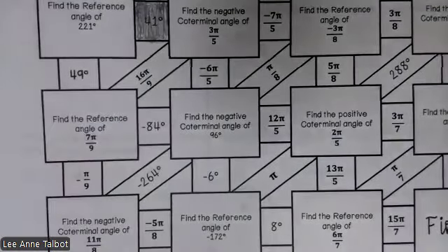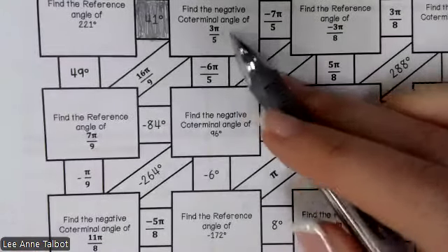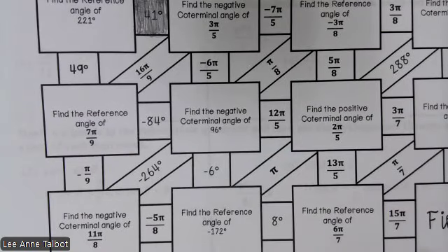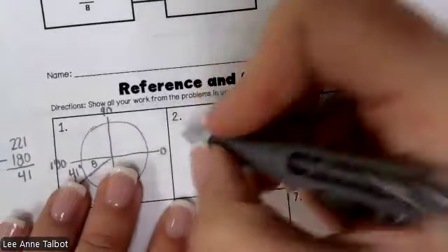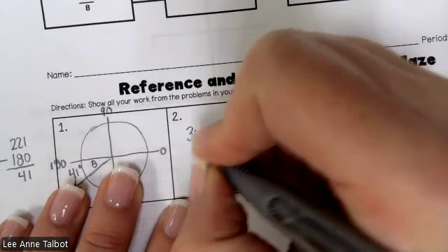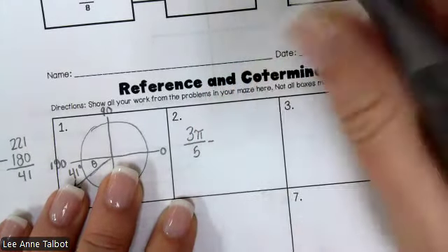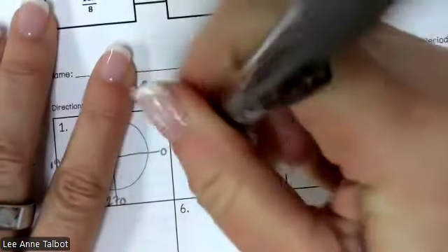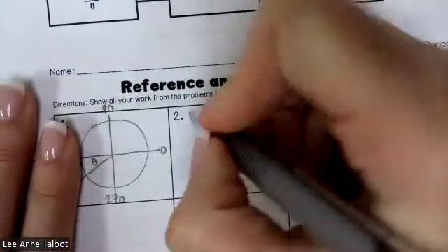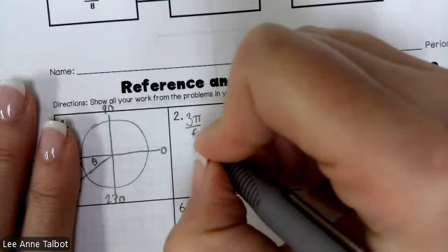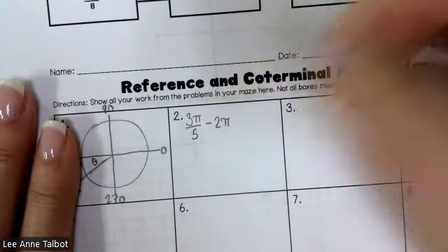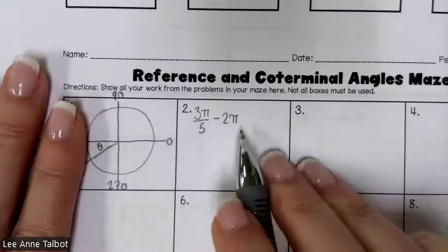Okay, find the negative coterminal angle of 3 pi over 5. So we want to do 3 pi over 5. I'm going to do this in 2 steps just for the first one. Minus 2 pi. 2 pi is 360.